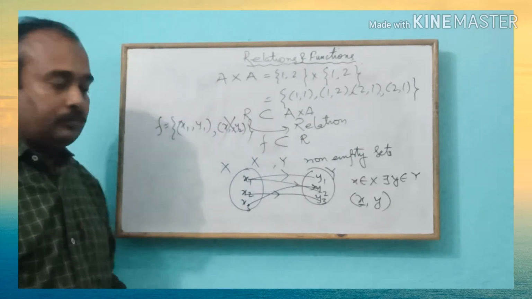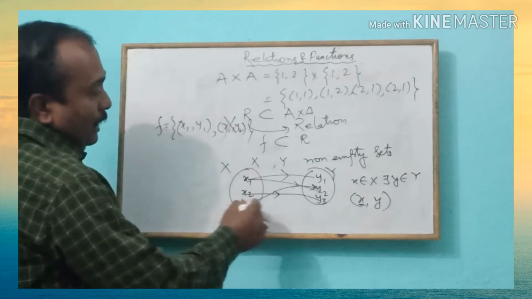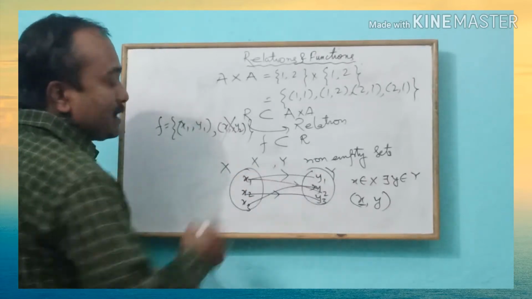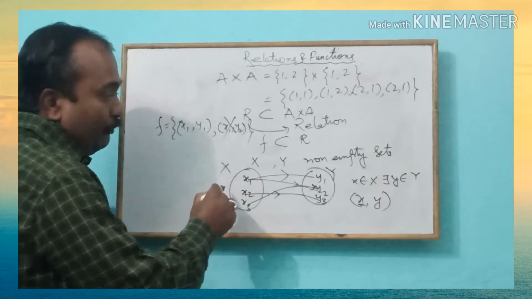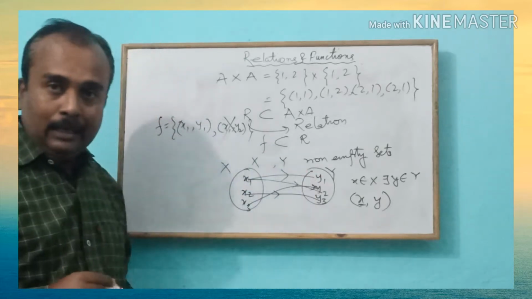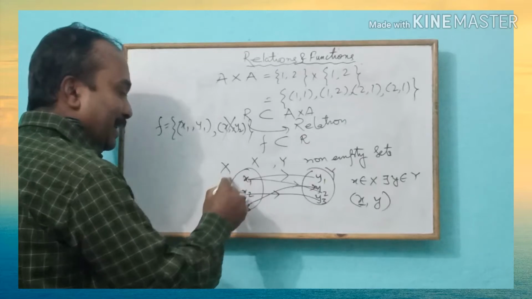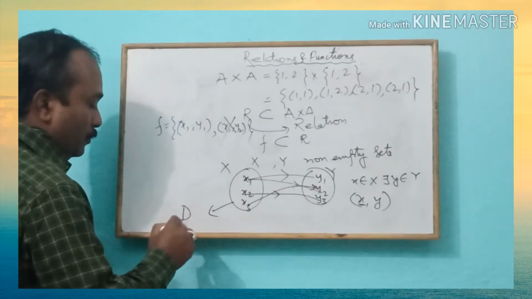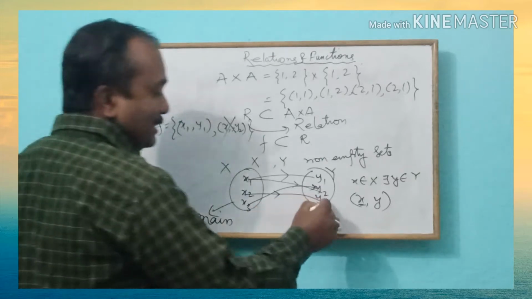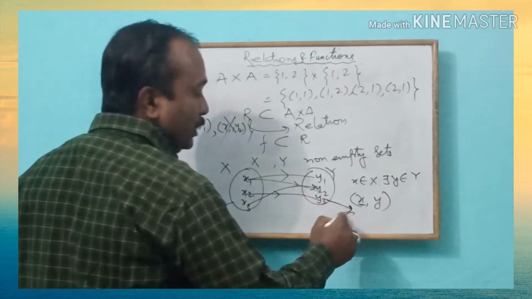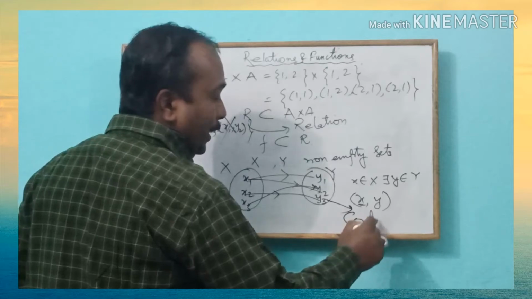Now, when we were speaking about two sets X and Y, the first set from where x is related to y, that set is known as the domain. And the second set where it is related to, that is known as the codomain.